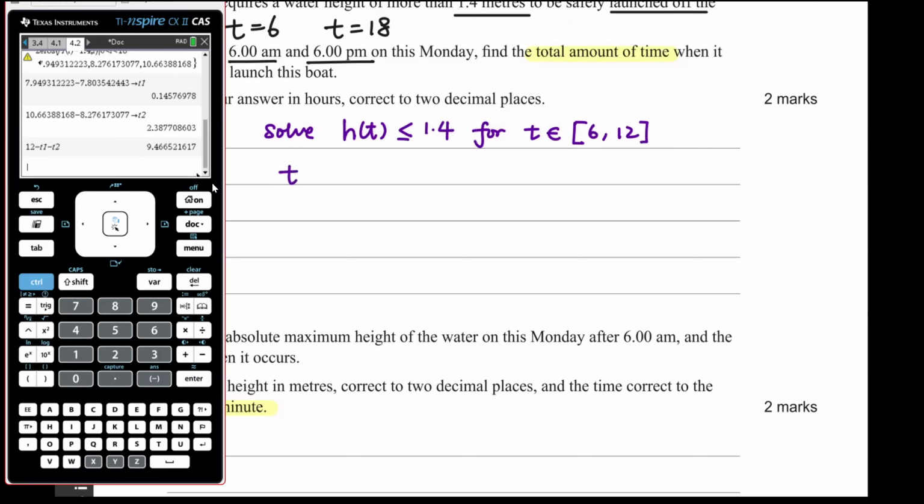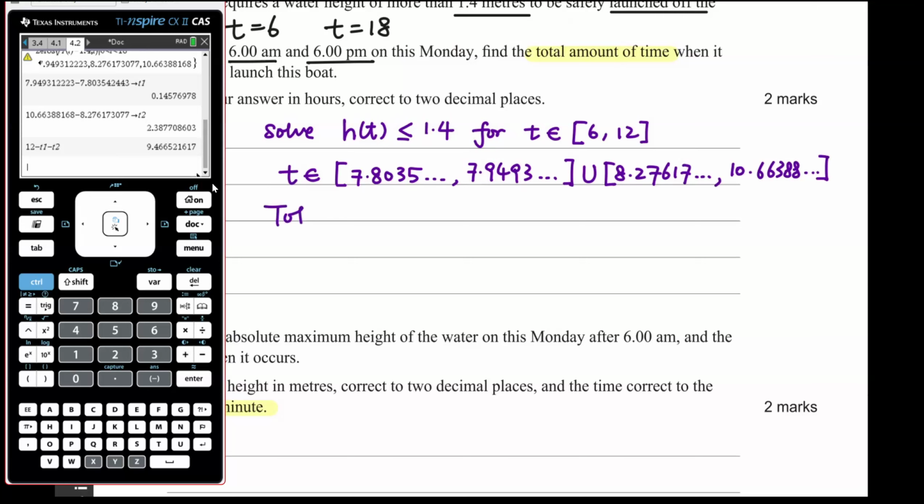We have t belongs to 7.8035 to 7.9493 union, let's say, 8.27617 until 10.66388.